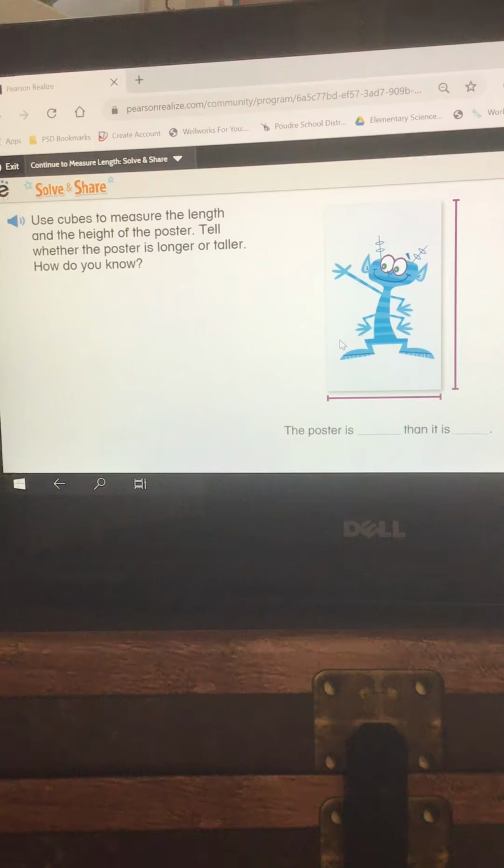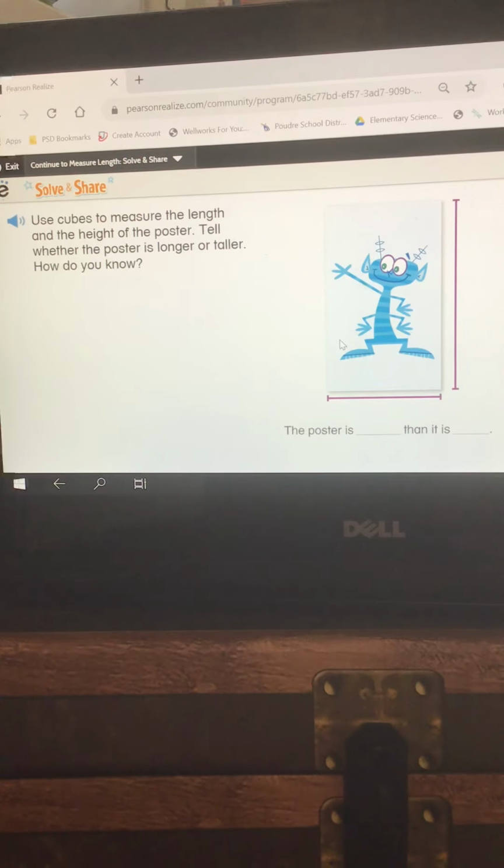So how do you know, or how can you tell if the poster is taller or longer? You don't actually really need your cubes today because you can tell which one's taller and which one's longer.